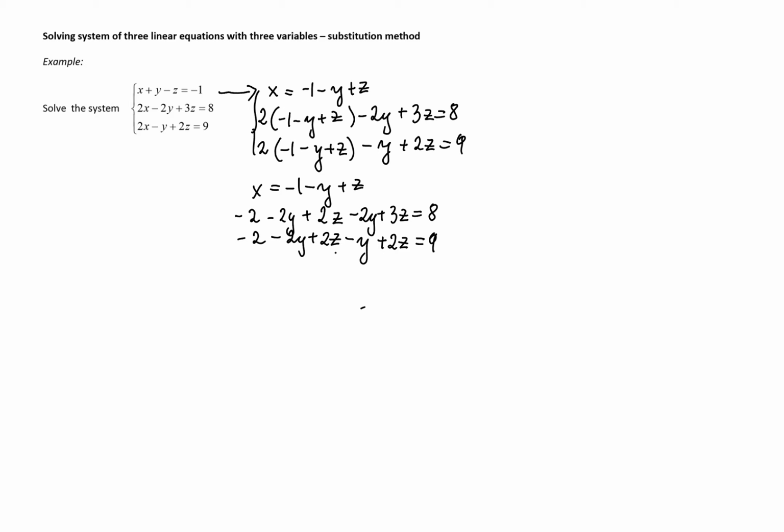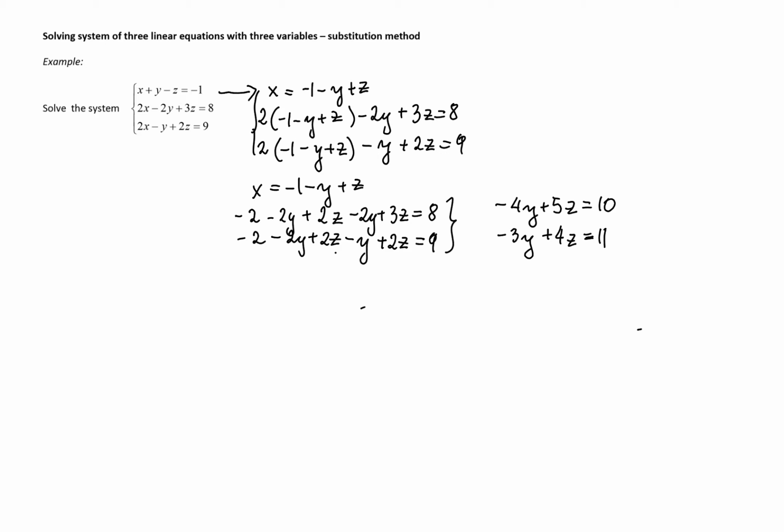So the last two equations are now equations only in the variables y and z. Combining like terms, we'll get -4y plus 5z equals 10. And the second equation will be -3y plus 4z equals 11.